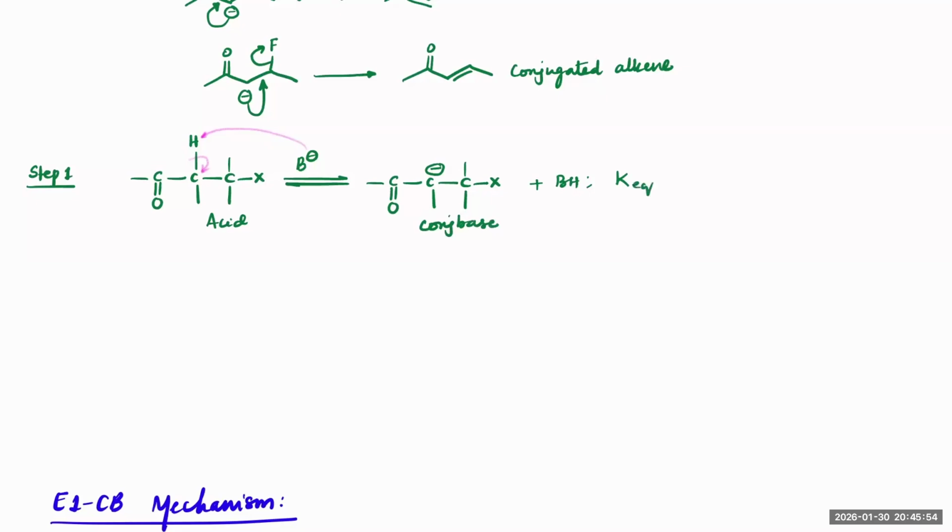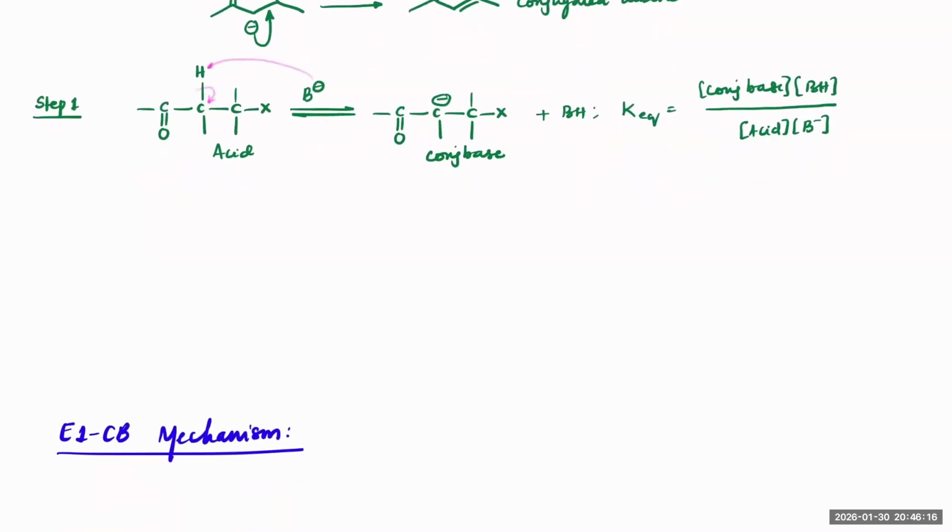So the equilibrium constant will be equal to the conjugate base concentration times the BH concentration, divided by the acid concentration times the B minus concentration. This is the equilibrium you will have. So this would be your step one.